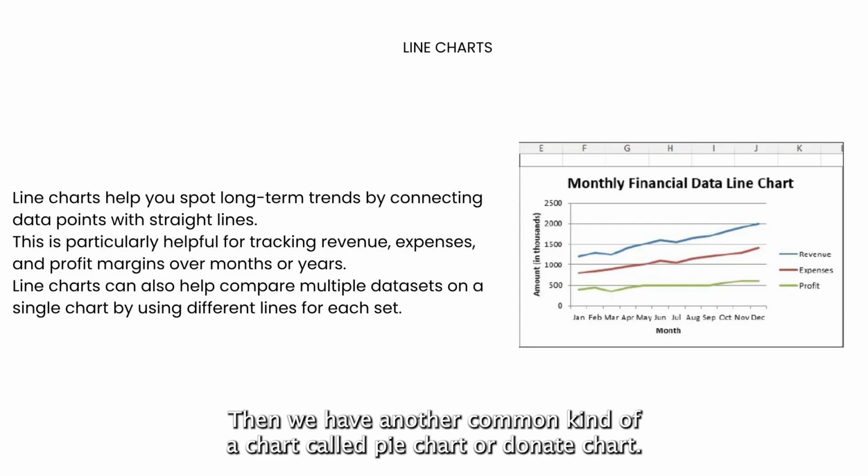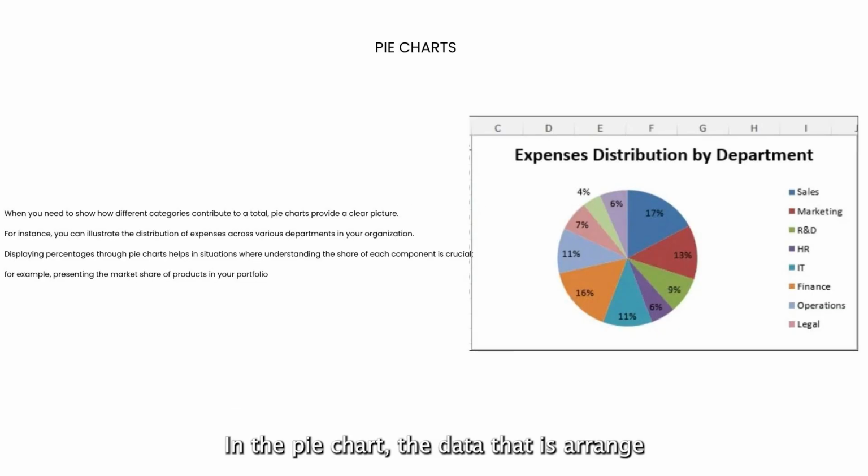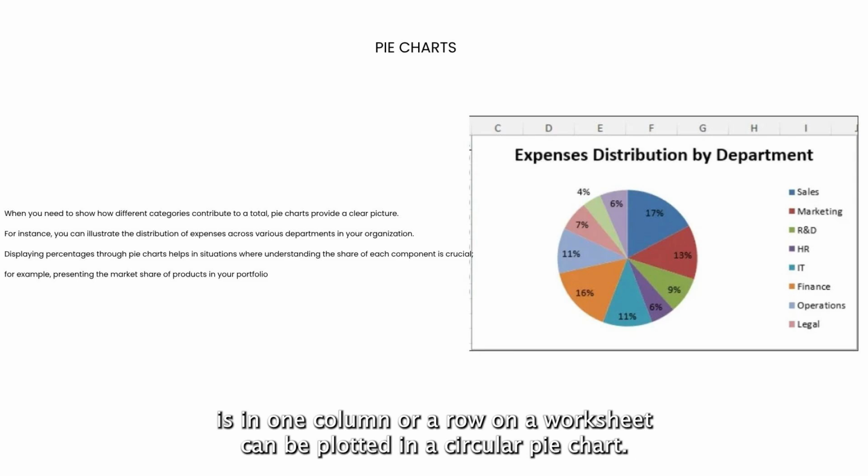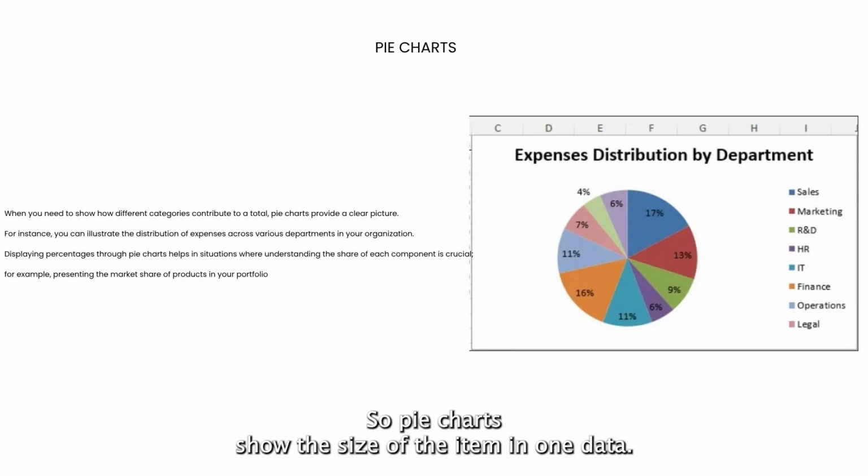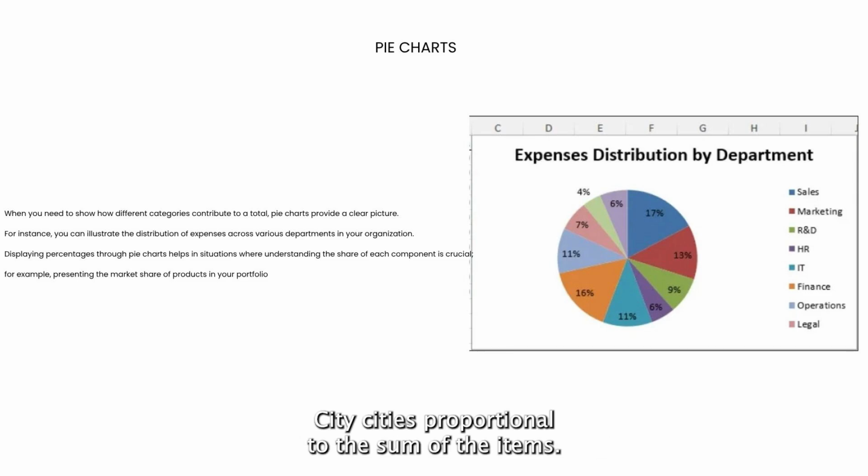Then we have another common kind of chart called the pie chart or donut chart. In the pie chart, the data that is arranged in one column or row on a worksheet can be plotted in a circular pie chart. Pie charts show the size of the items in one data series proportional to the sum of the items.